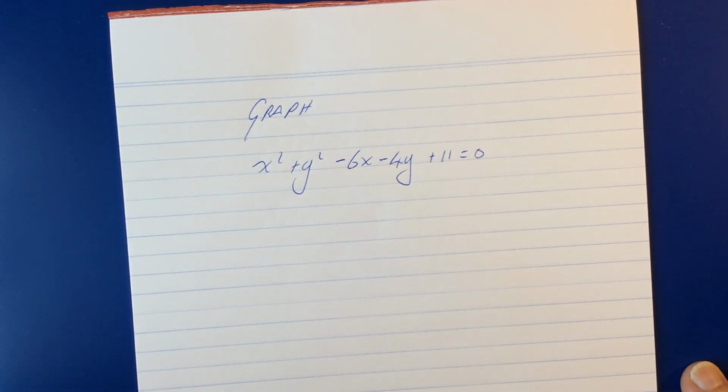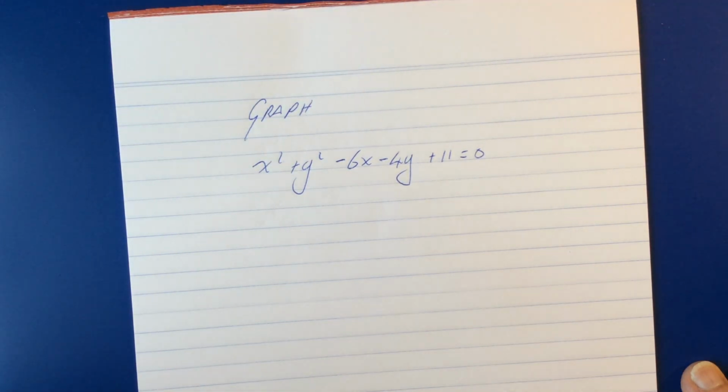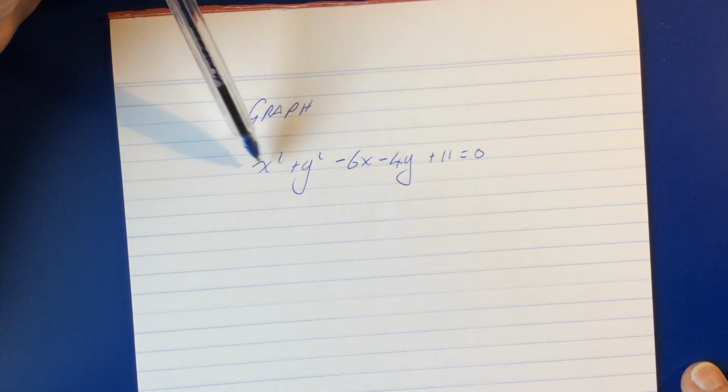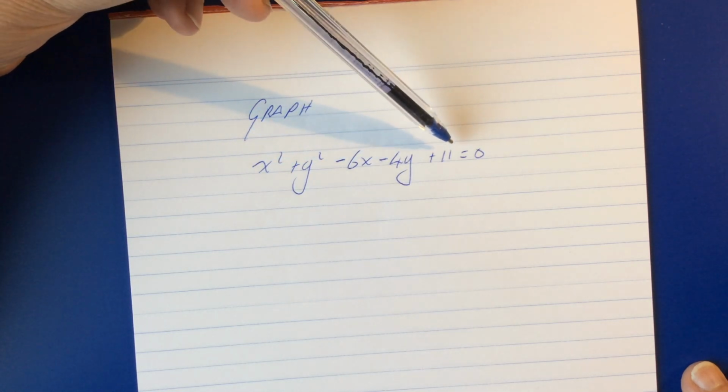And the task ahead of us today is to graph this expression. Now that may generate a headache for some people, so we'll try and relieve that headache with a couple of insights. The first thing, hopefully, is that you're able to recognize that this is the equation of a circular function.